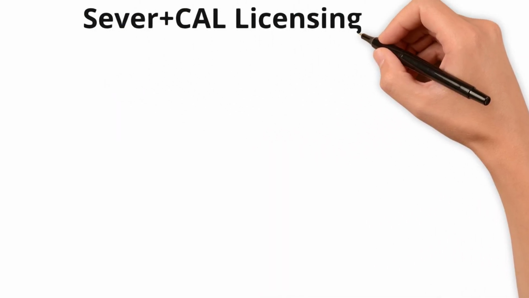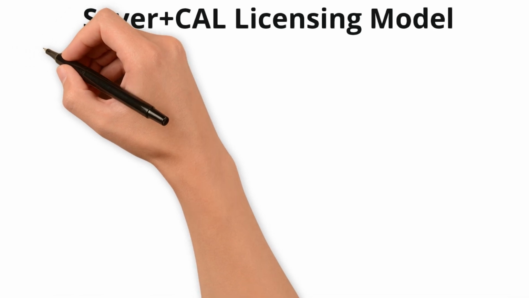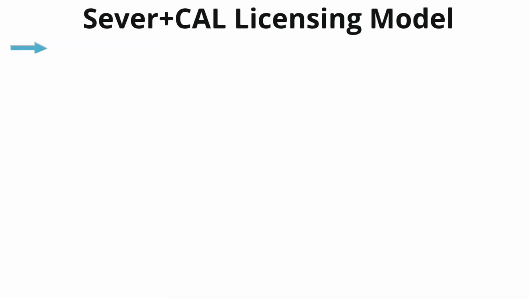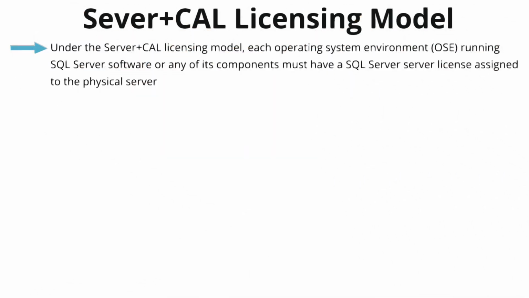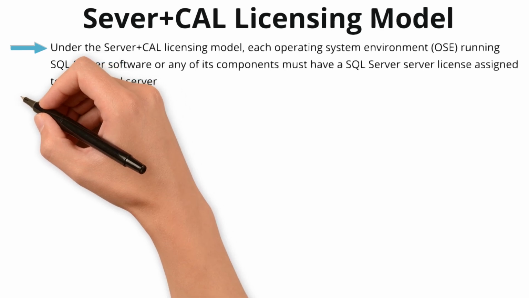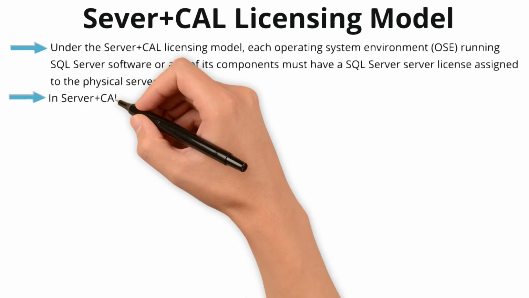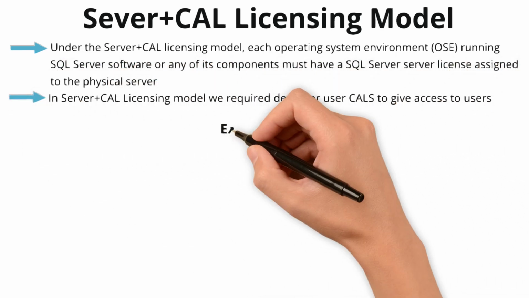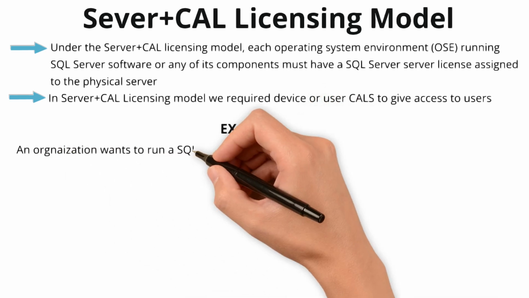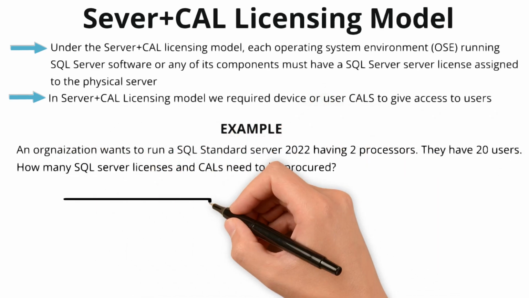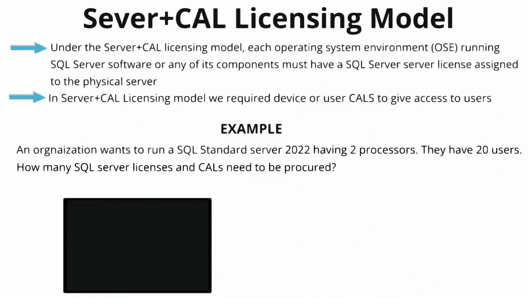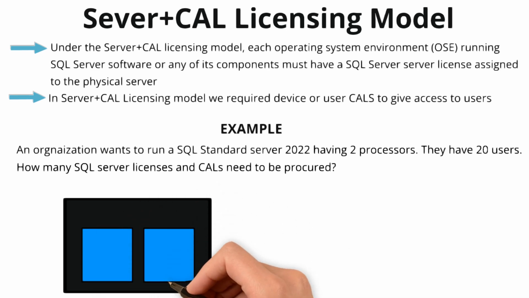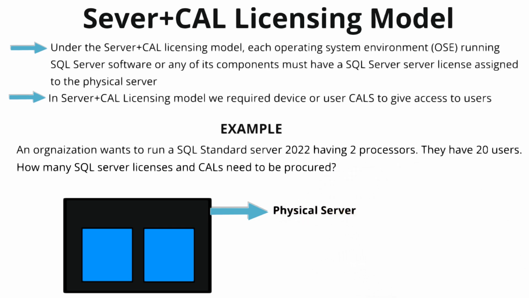Now, the server and CAL licensing model. Under the server and CAL licensing model, each operating system environment running SQL Server or any of its components must have a single SQL Server license assigned to the physical server. And in this, you need to have CALs to give access to users. CALs can be of two types: a device CAL or a user CAL. I have not given this on the sheet, but for your knowledge, it is of two types.